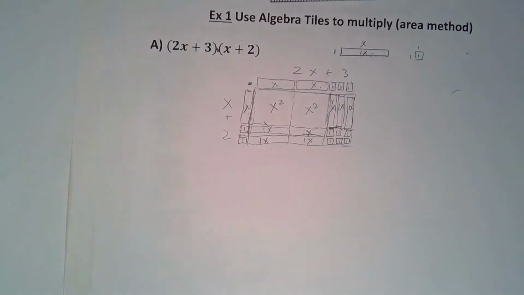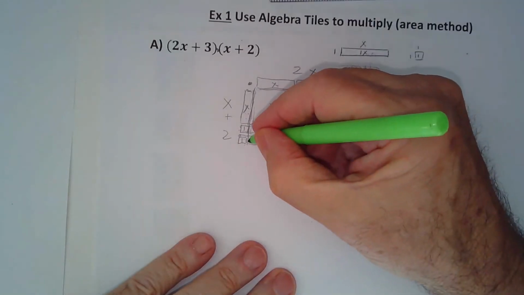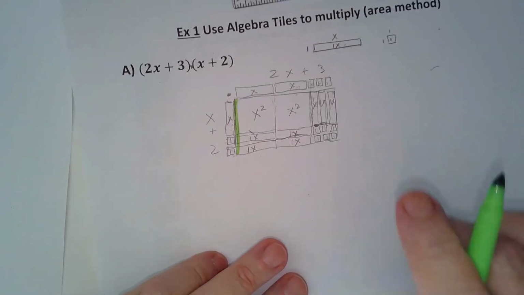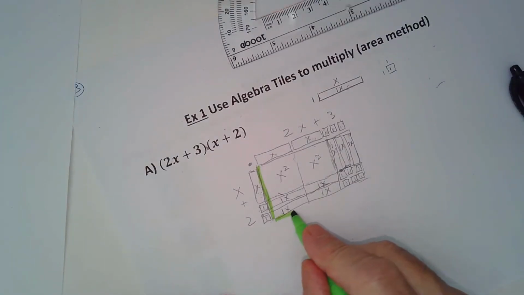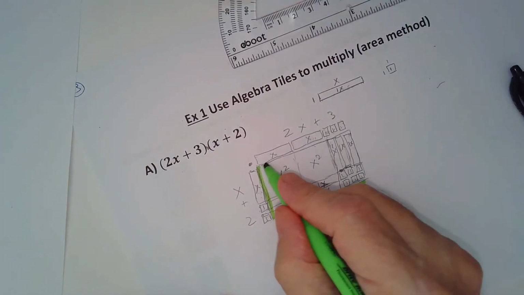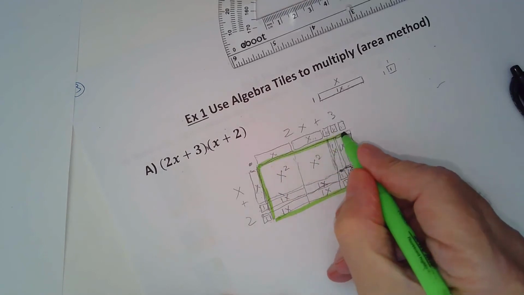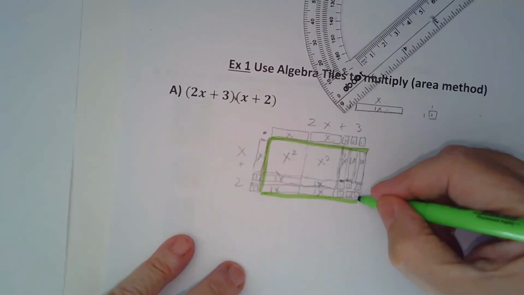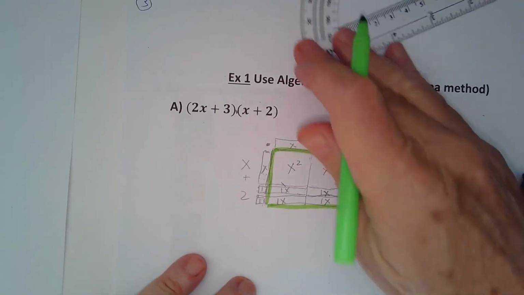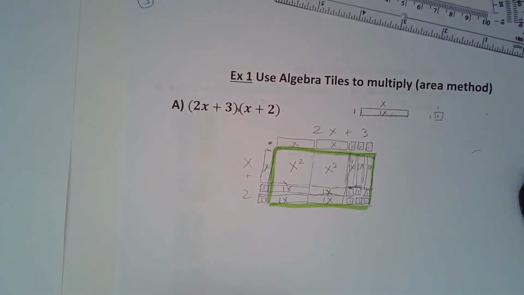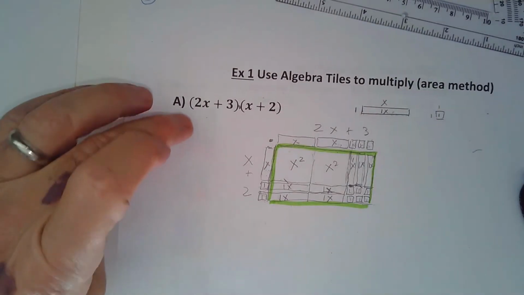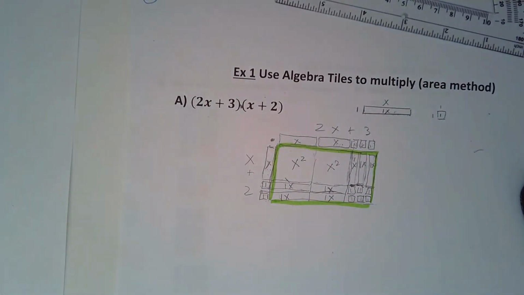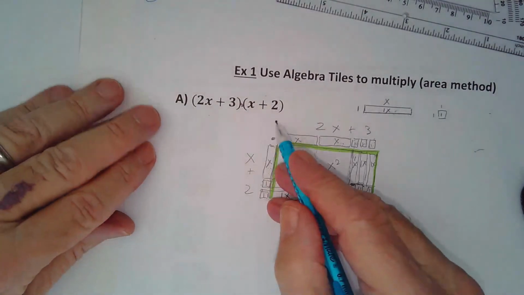So here is a representation of the area. Now you say, what does that get me? Well, what we're trying to figure out is the ultimate product of the multiplication of these two binomials together.